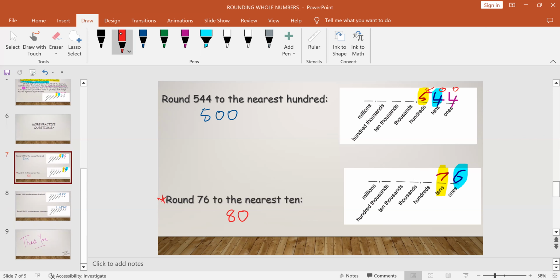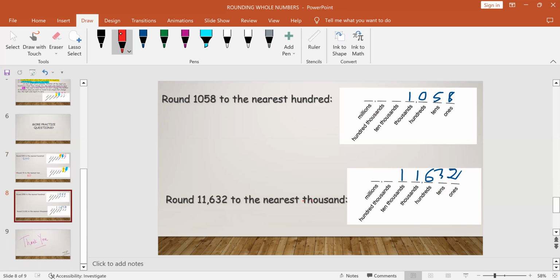We continue. 1058 to the nearest 100. Again, what digit represents the 100? That's the yellow, and the yellow is that 0. On the right side, we have a 5.